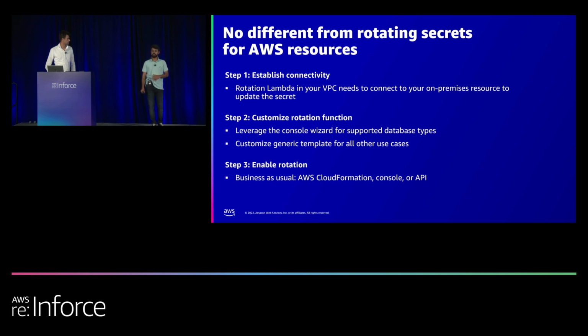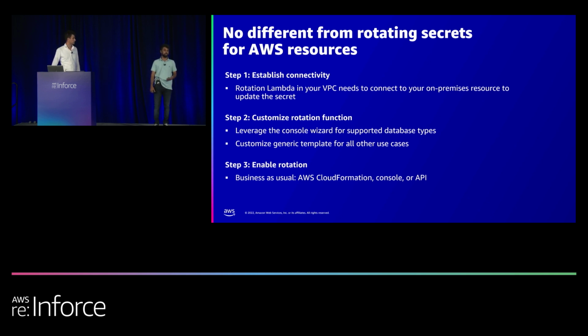If it's not a database type, if it's a different type of resource, then we publish a generic template with the high-level steps that go into rotation, and we'll talk about that a little further ahead. But you can use that generic template and customize it to whatever resource it is that you want to rotate.